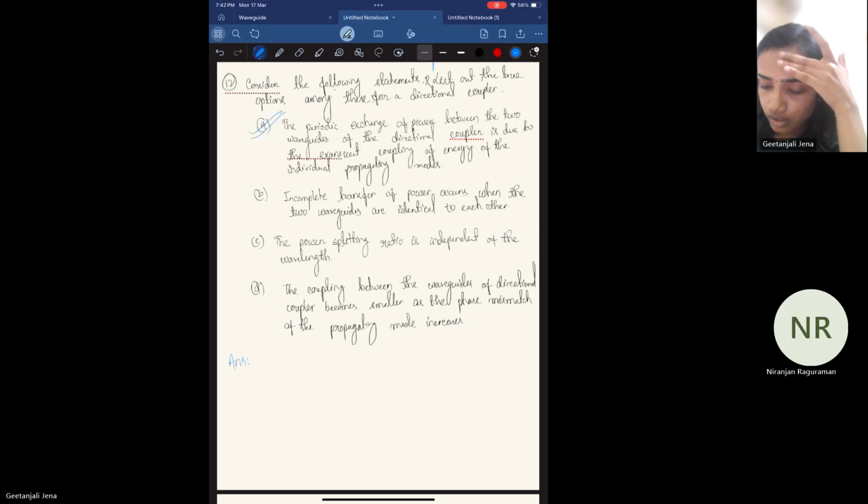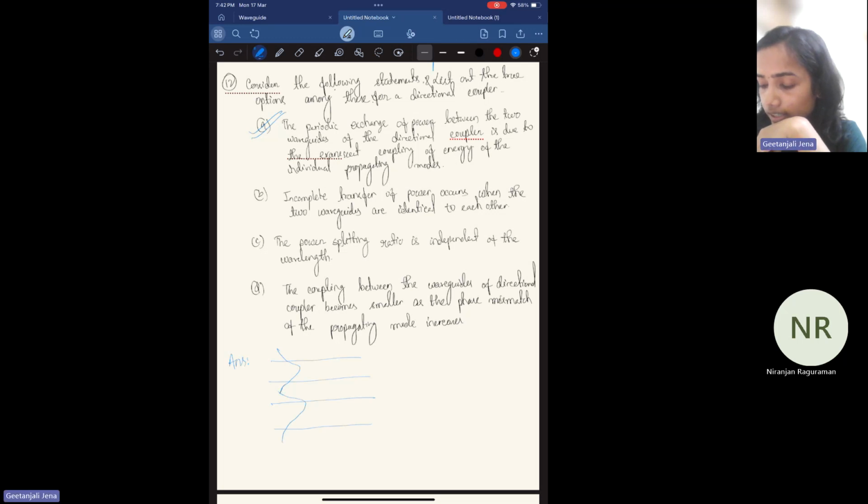Okay, if I'm not able to find out, then let me. So A is true because in a directional coupler, whenever total internal reflection occurs between these two waveguides, if you recall, if these are single mode waveguides, there are evanescent tails in the cladding region.